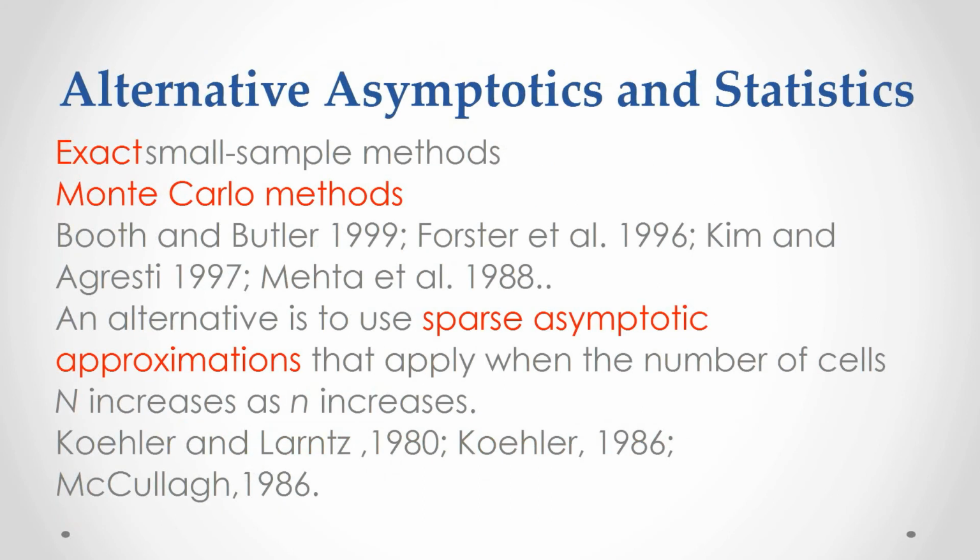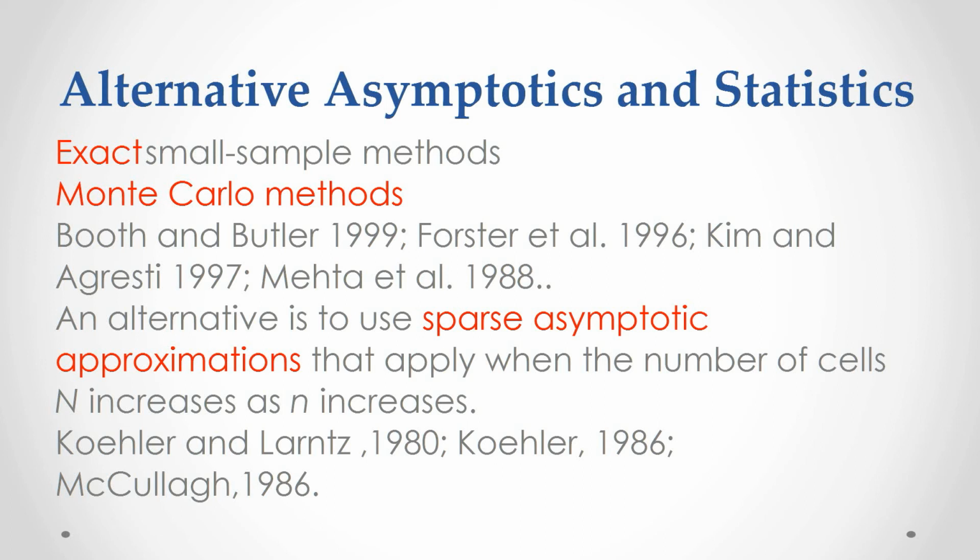As an alternative in situations where there are sparse data, we can consider one of two classes of methods. The first is to use exact small sample methods, and the second is to use Monte Carlo based methods. For details, see the research by Booth and Butler in 1999, Forster et al. 1996, Kim and Agresti 1997, and Mehta et al. 1988.